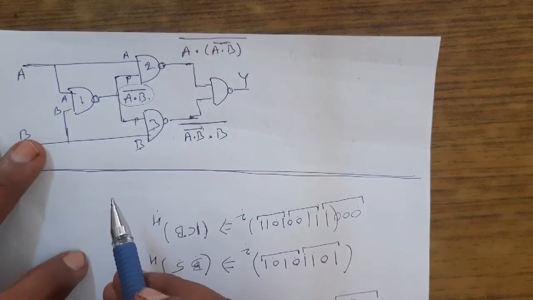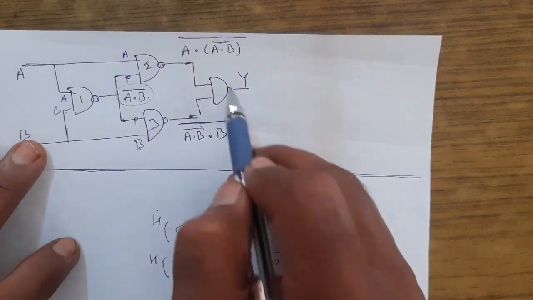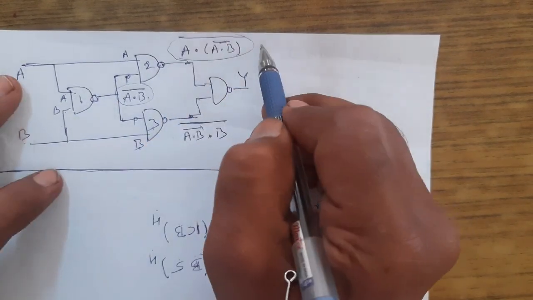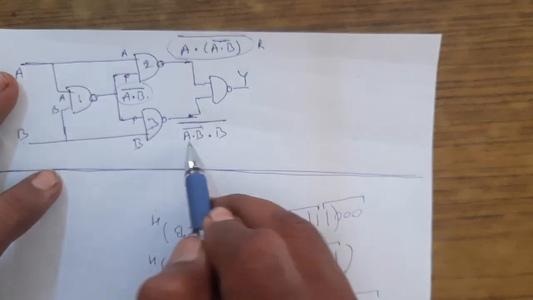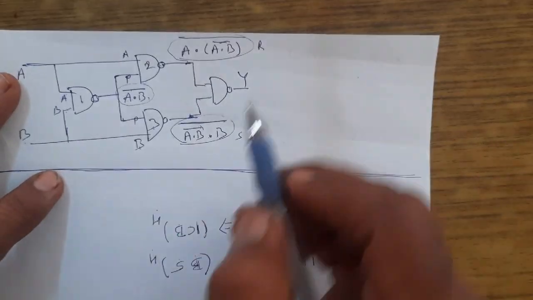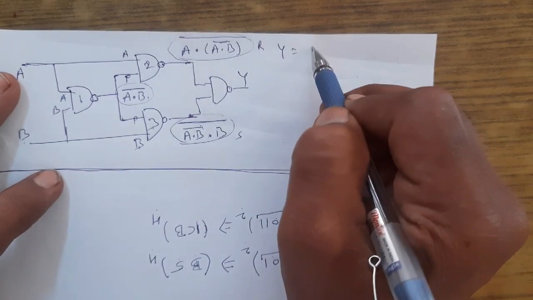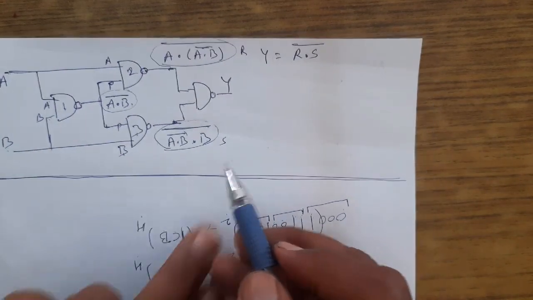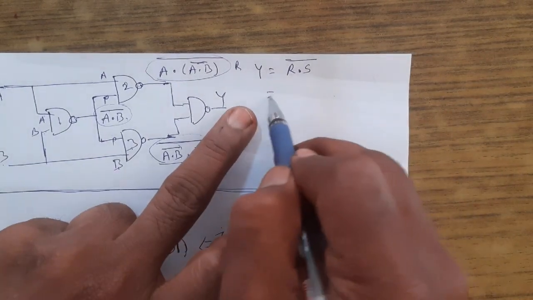Therefore it is fine. And what about output of this NAND gate? Again it is very interesting. If I think about this entire to be R, this entire to be S, then the output Y will be R dot S complement. But how can I write R?